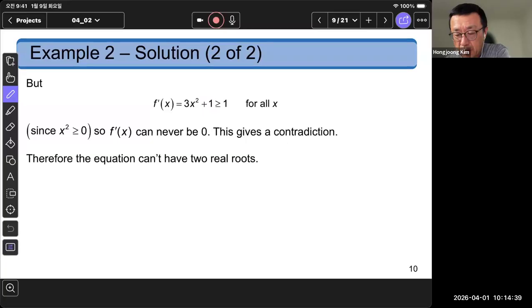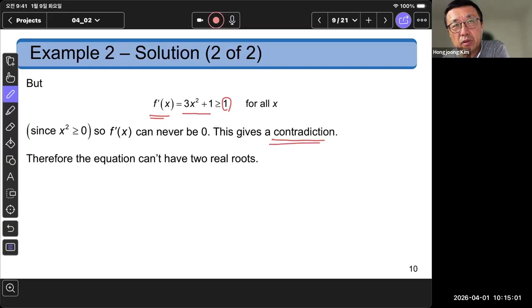The problem is f prime of x is 3x squared plus 1. It is always greater than or equal to 1 for any x, because x squared is non-negative. So we cannot find any c where f prime becomes 0. So we get a contradiction.